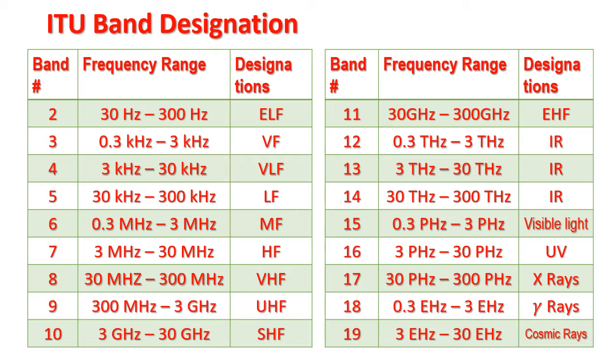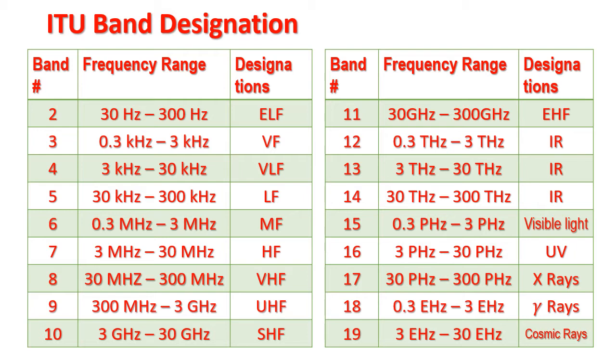Next, we have the very low frequency. After that, we have the low frequency. Next, we have the medium frequency. Next, the high frequency. And then the very high frequency. Next is the ultra high frequency. Next is the super high frequency. And then the extremely high frequency.